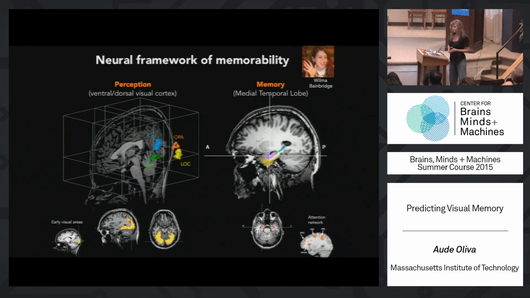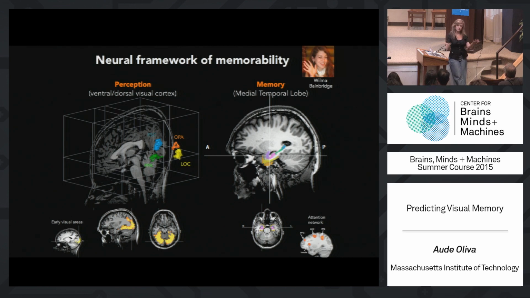Now that we were able to have all those data and see that there is this consistency, one of the next questions you can look at is: if it seems that we all tend to remember the same images, can we find a neural signature in the human brain? So it's the question of memorability. Is it a perceptual or a memory question?